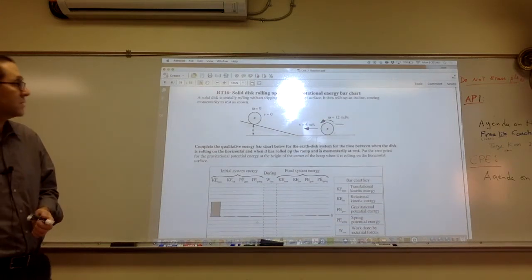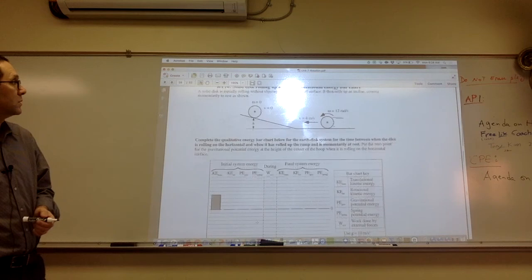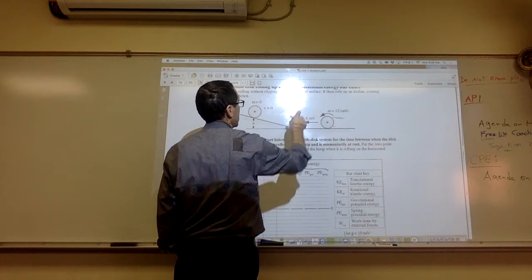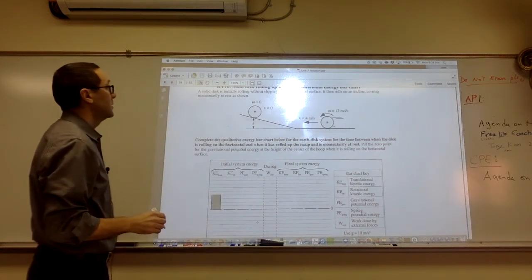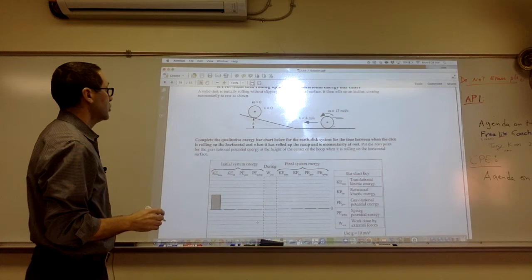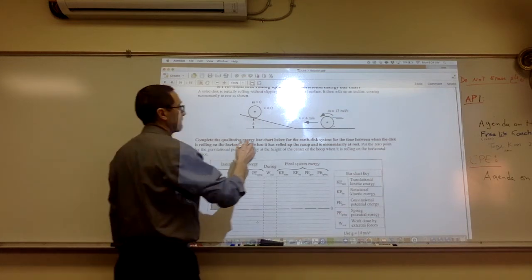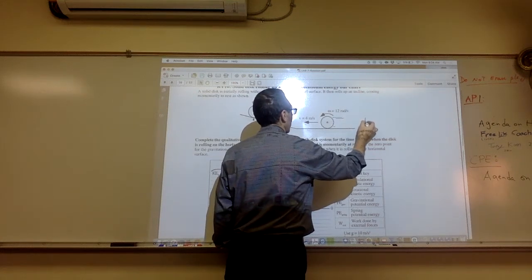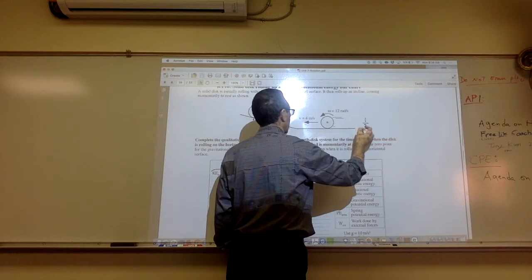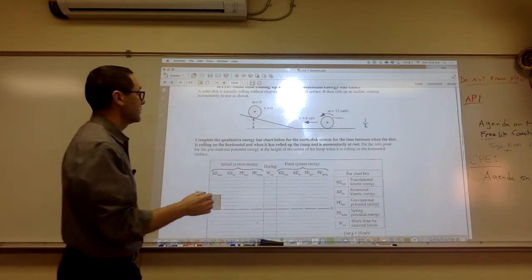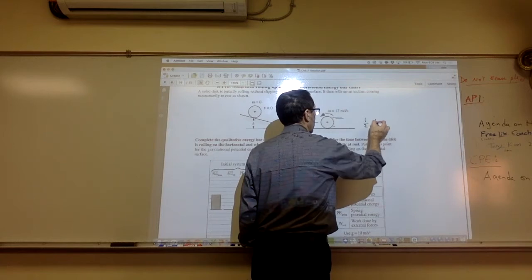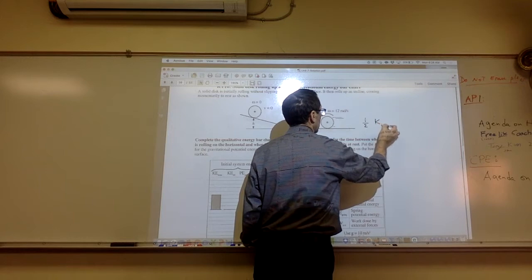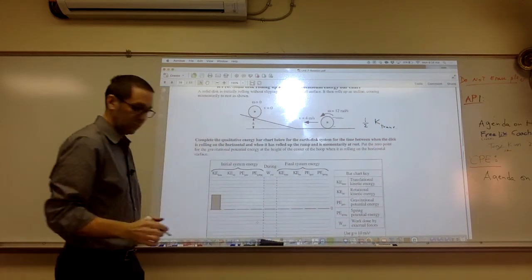All right, let's look at this RT16. So this is a disk. It's initially rolling without slipping along a flat, level surface. It then rolls up an incline and comes momentarily to rest as shown. Okay, so if this is a disk, its rotational energy is 1/2 of its kinetic energy of translational.